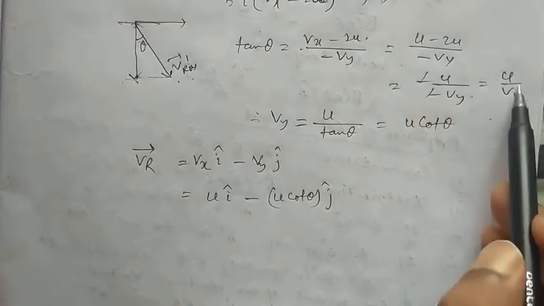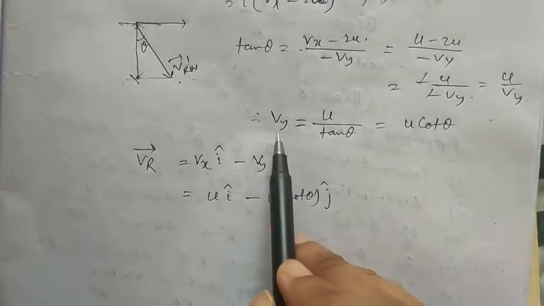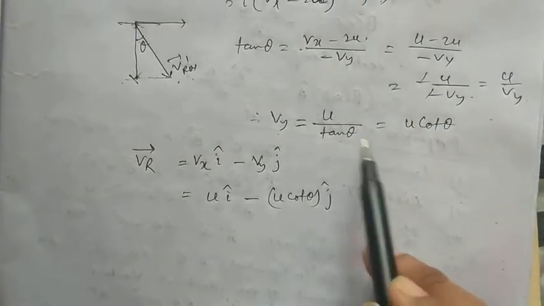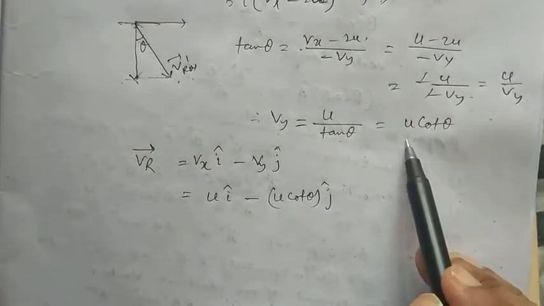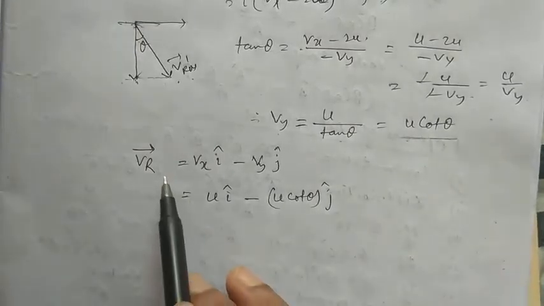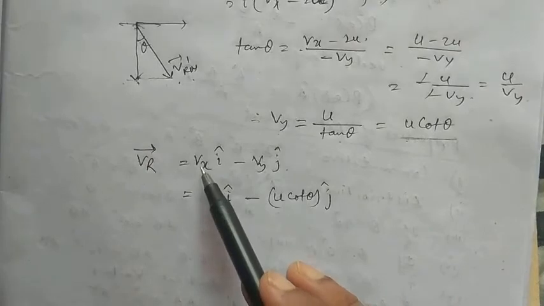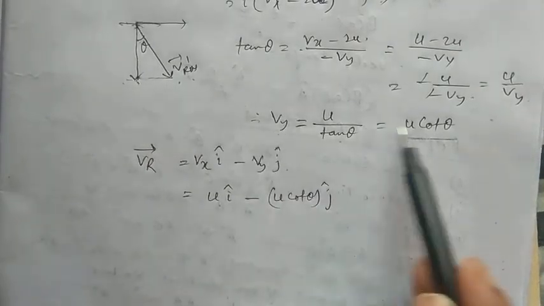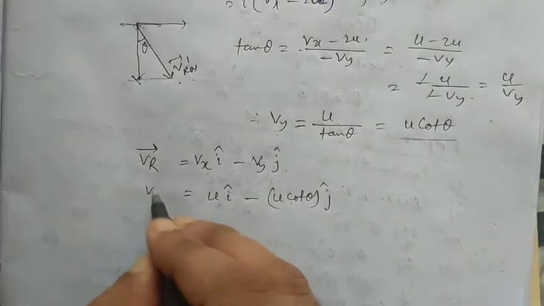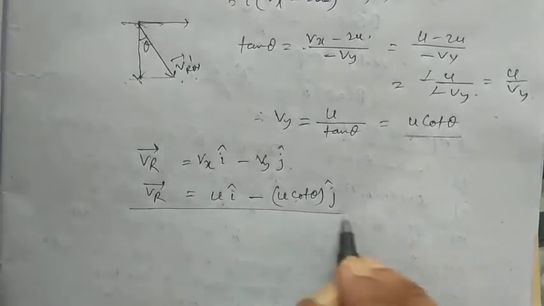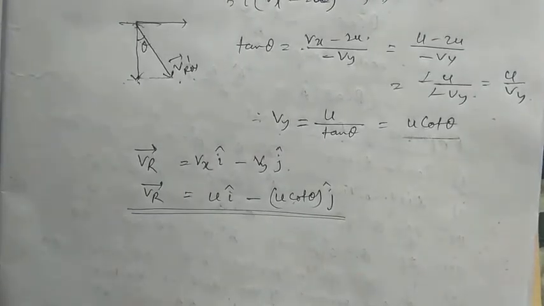Now from this relation, we find the value of Vy, that becomes u by tan theta. Tan theta goes upwards, u cot theta. So Vr was Vx i minus Vy j. Replacing the value of Vx as u and Vy as u cot theta, we get the expression of the actual velocity of rain and its direction.